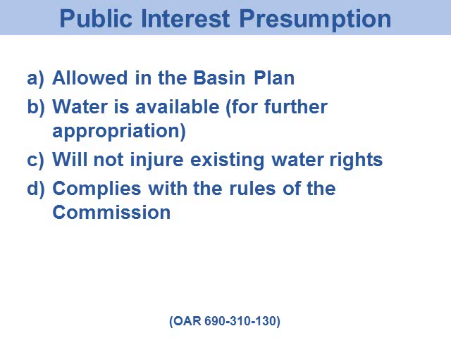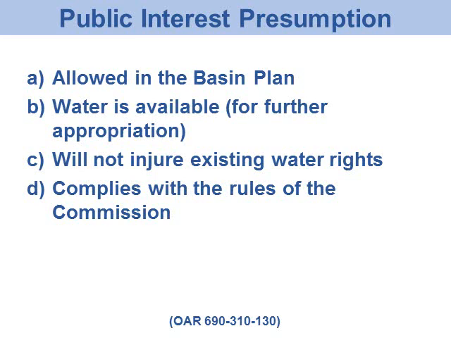So first of all, the proposed use of water must be allowed in the applicable basin plan. We have to find that water is available for further appropriation. We need to find that a new water use will not injure existing water rights. And we also need to make sure that the proposed water use complies with all the rules of the commission.